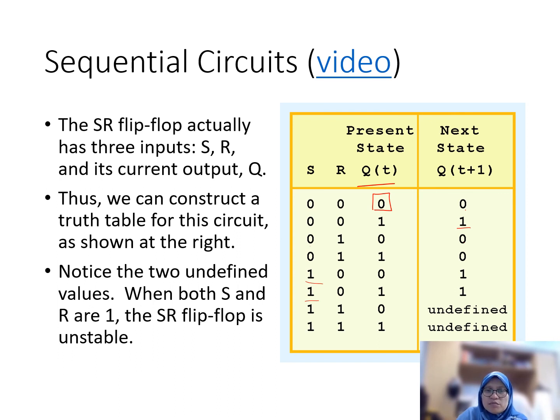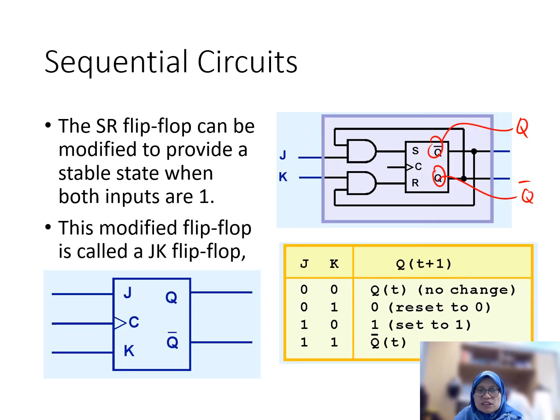So QT plus 1 will be set to 1 and 1. Whereas for S equal to 1 and R equal to 1, this will become undefined, which is unstable. So notice that the SR flip-flop is unstable, so it can be modified. The SR flip-flop can be modified to provide a stable state when both inputs are 1.